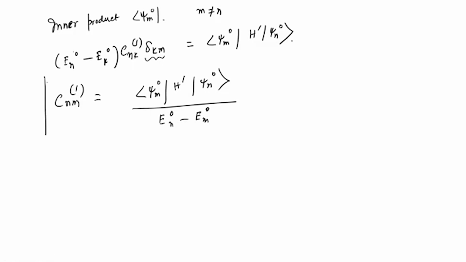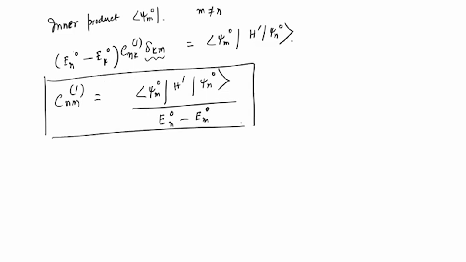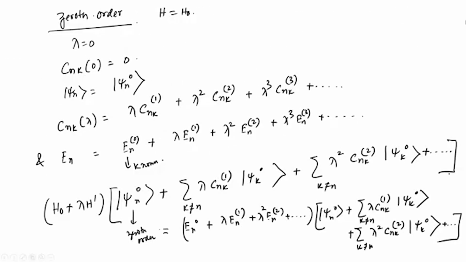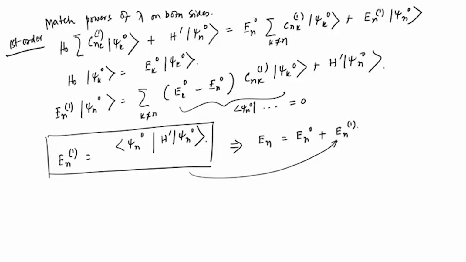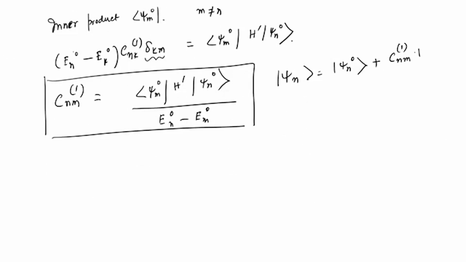Okay. So, this is the correction to the first eigenfunction. So, what it means is that you have a psi n which is equal to psi n0 plus Cnm1 psi m0 and so on.